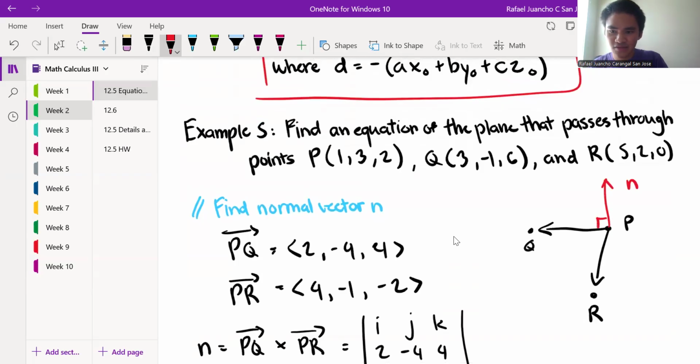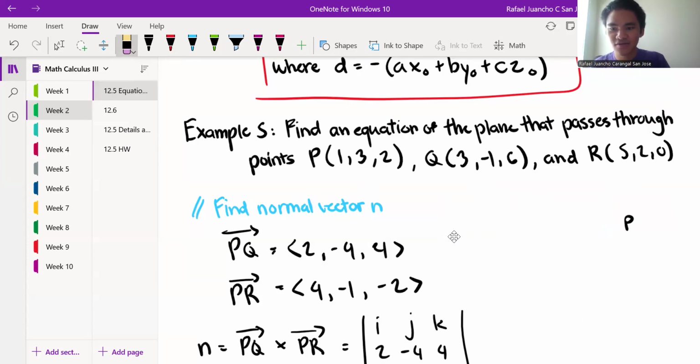And let's say this is vector N. So that's perpendicular to PQ, and it's also perpendicular to PR. So they're both perpendicular to N. So N times PQ should be 0, and N times PR should also be 0. Their dot product should be 0, right?